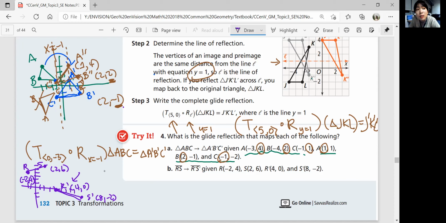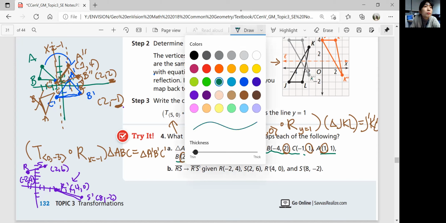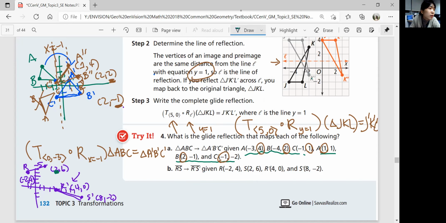And then you're going to glide down. So you want R over here and S over here, so that you can glide down.